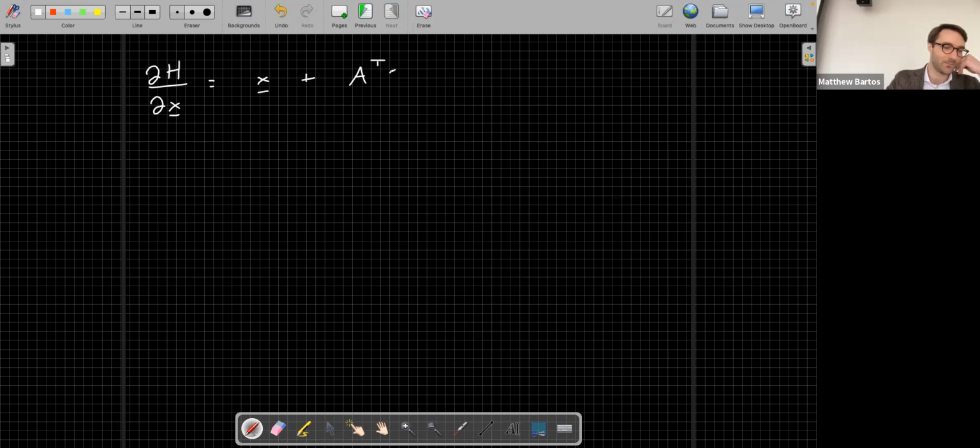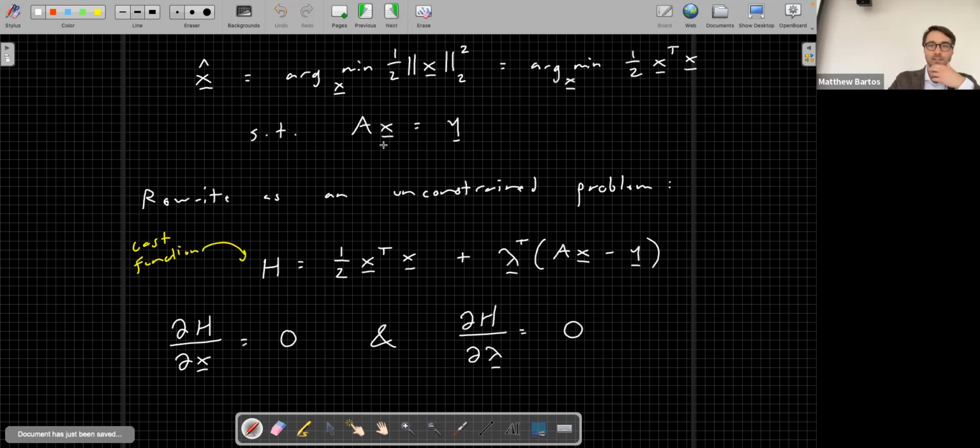And the other term with the y just goes away. Okay, and this is equal to 0. Next, if we take the derivative of our cost function with respect to lambda, we'll just get this expression here, right? Ax minus y is equal to 0.